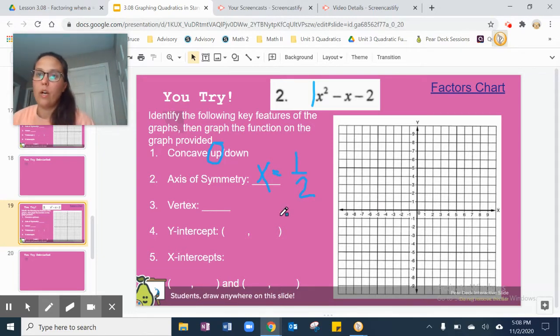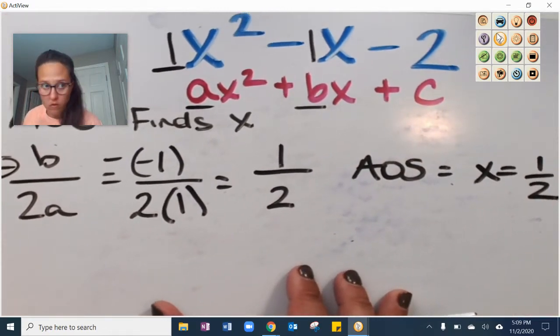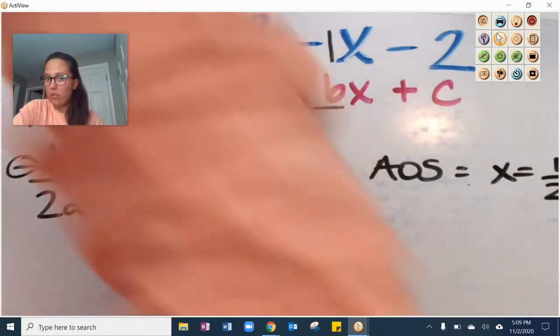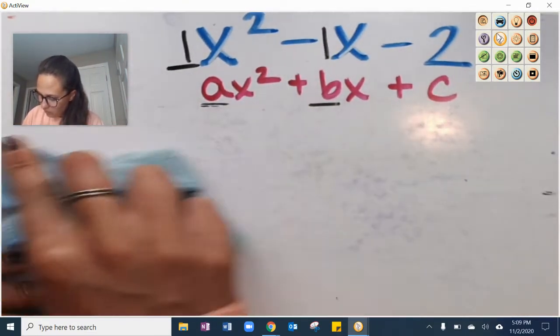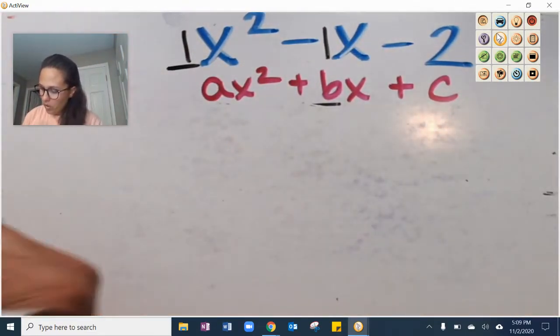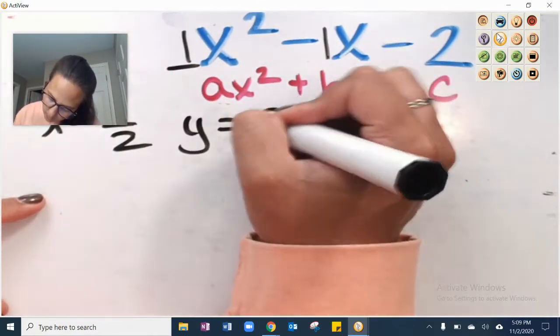The vertex requires that we plug 1/2 back into the function and solve for y. So if we do that, we have x equals 1/2. What does y equal?